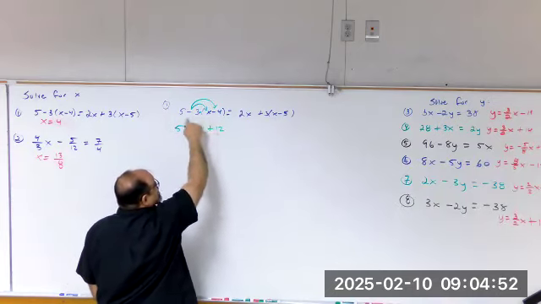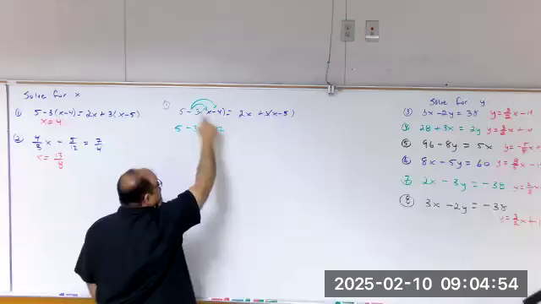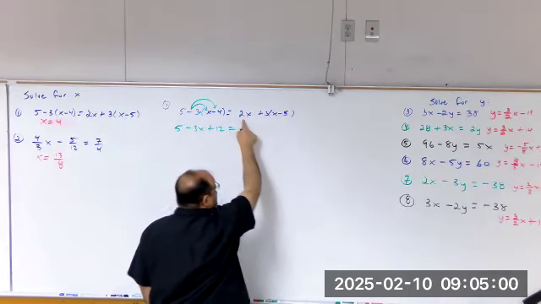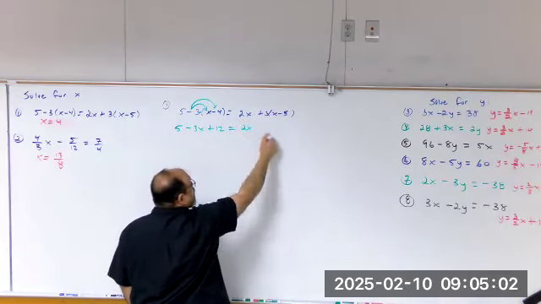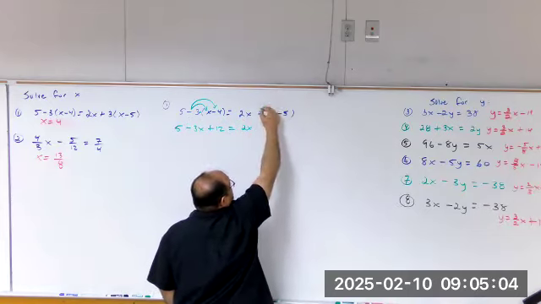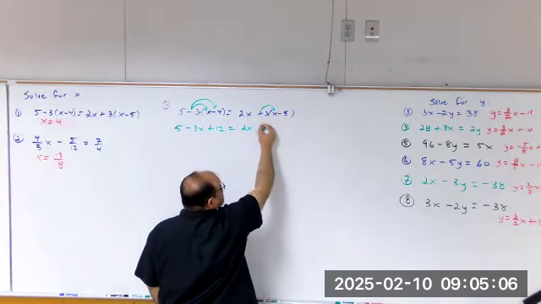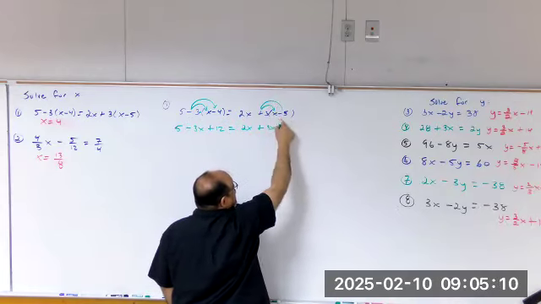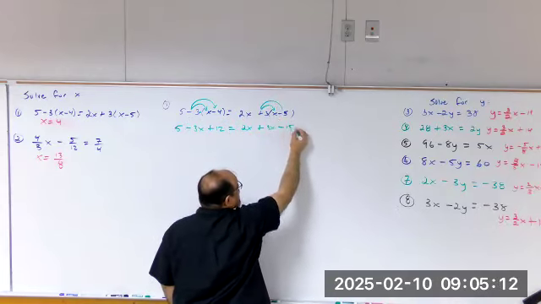As you distribute, say it: -3 times -4, that's a positive 12. Equals we have a 2x, and then distribute 3 times. Positive 3 times x is plus 3x. Positive 3 times negative 5, that's a negative 15.